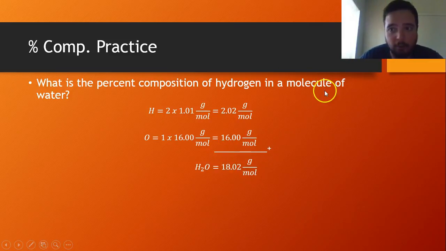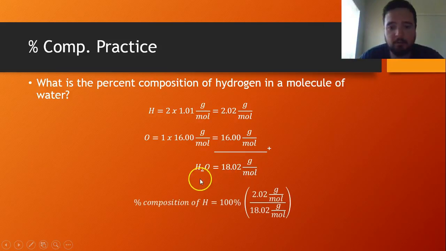Now I didn't say how many moles of it. It says percent composition of hydrogen in a molecule of water. So 1 molecule is 18.02 grams per mole. So the percent composition of hydrogen is equivalent to 100% times the part of hydrogen that we're trying to figure out, 2.02 grams per mole, divided by 18.02 grams per mole, that's the water, so that's the whole sample that we have.